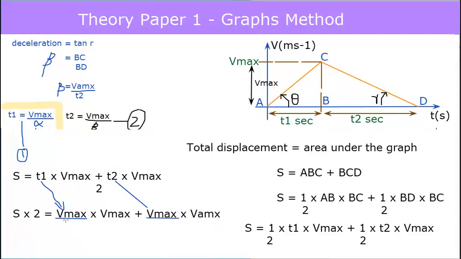Vmax divided by alpha is the acceleration, and T2 is Vmax divided by beta. Beta is the deceleration.